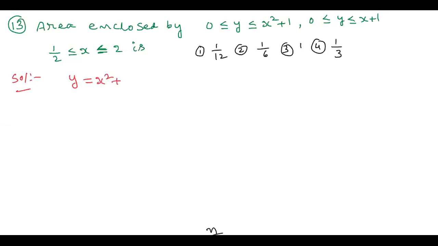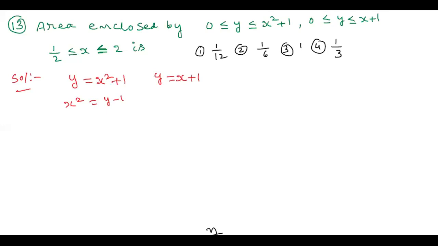This is one parabola, so we can write x square is equal to y minus 1. The vertex is 0 comma 1. Another curve is y is equal to x plus 1.